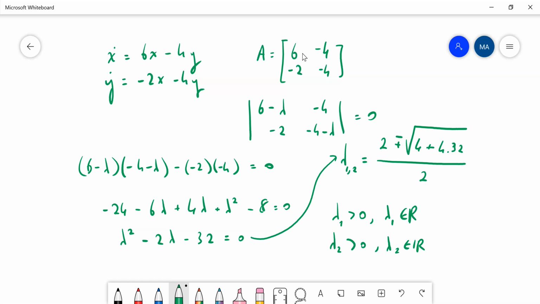Depending on your system, your eigenvalues could be equal to each other. For instance, if this is your characteristic equation, how many roots do you have? You have 3 roots, and all of them are equal to 2, okay?